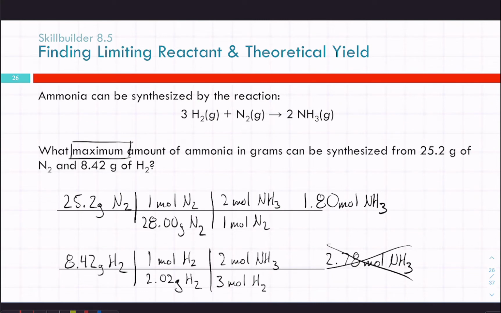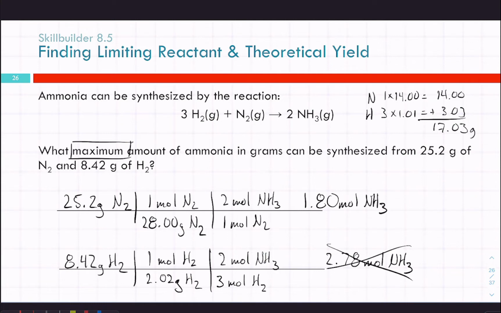So now we can just convert moles to grams. Again, we'll need some quantities from the periodic table, 1 nitrogen and 3 hydrogens. So I'll give this 14.00 plus 3.03, 17.03.